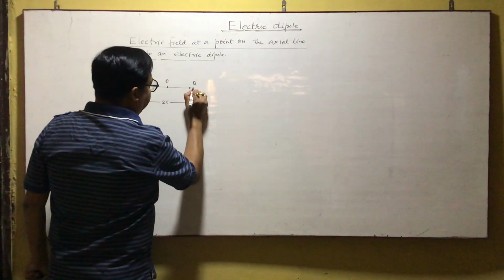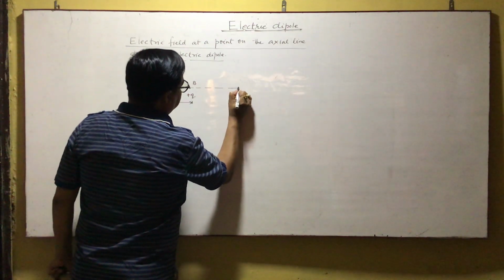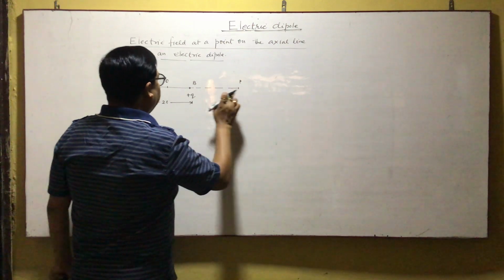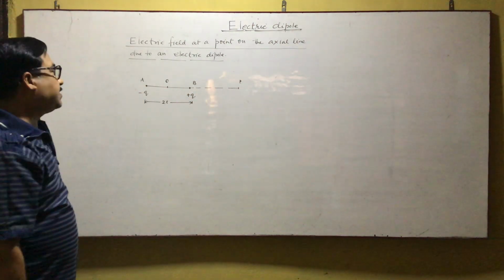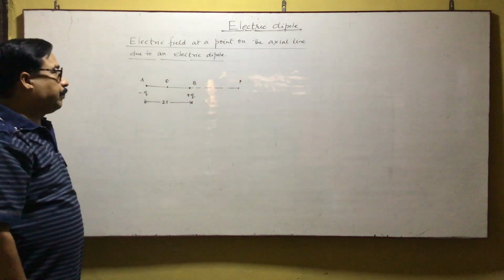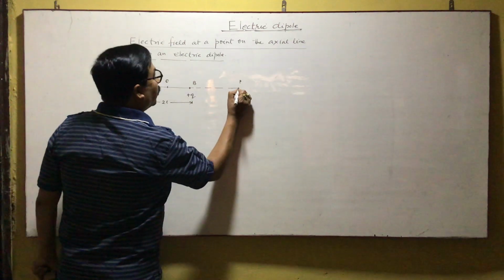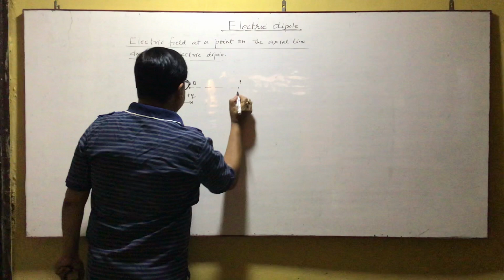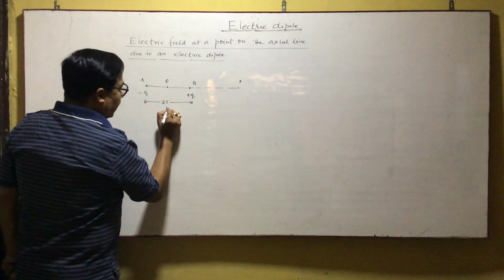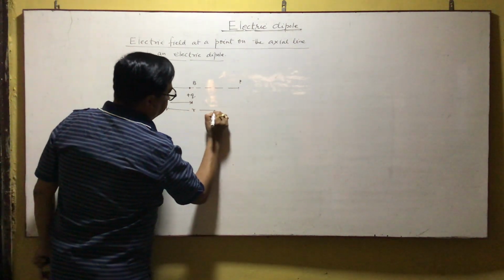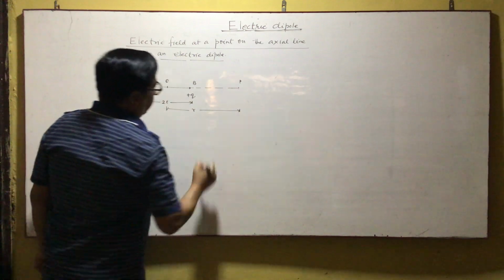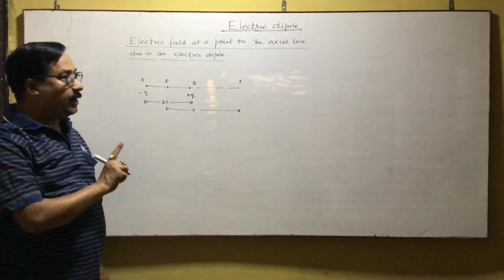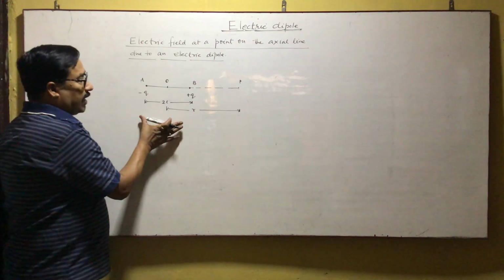So if we have a point P on the line joining the two charges minus Q and plus Q, this is a point on the axial line. So P is a point which is at a distance R from the middle point. And we have to find out the electric field at point P due to this electric dipole.